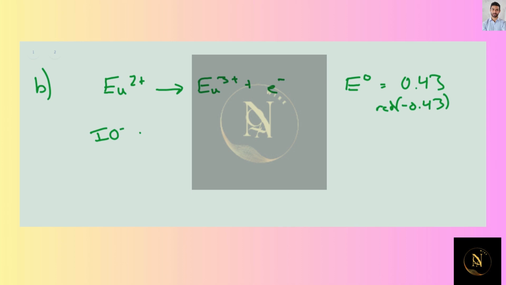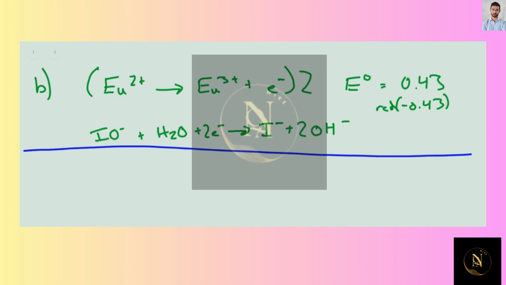We have the iodate plus H2O plus 2 electrons, producing iodide and 2 hydroxide. Again, to make this reaction work, we need to balance the electrons, so we multiply the top one by 2, and we add the potential for this half reaction as being 0.49.